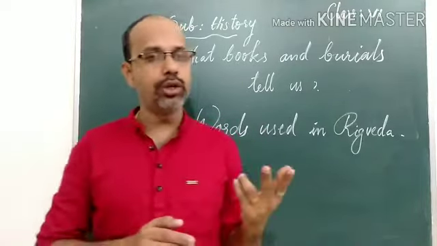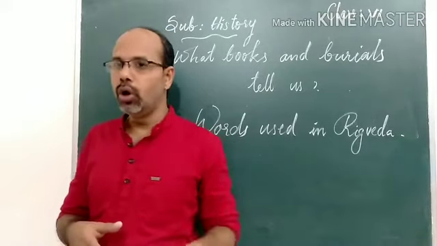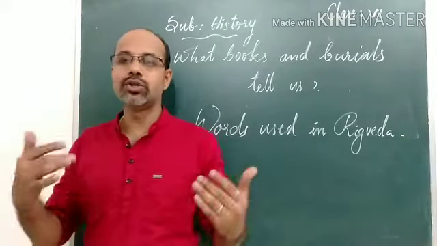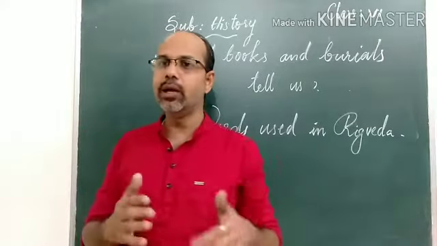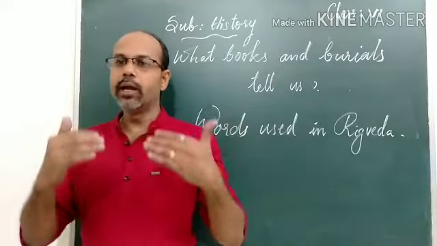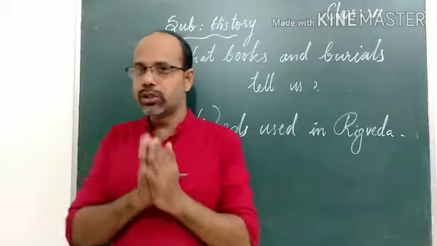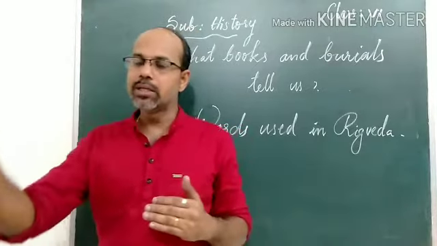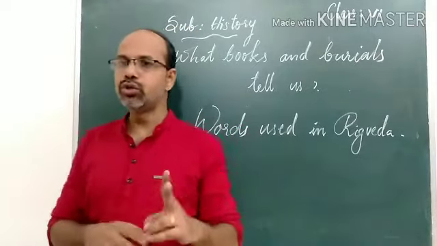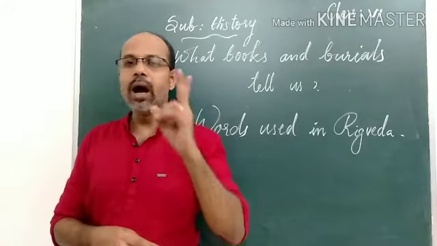The whole community together was known by two other words. One word is Jana, which we still use in Hindi and other languages, and another was Vish. So two important words: Jana and Vish.